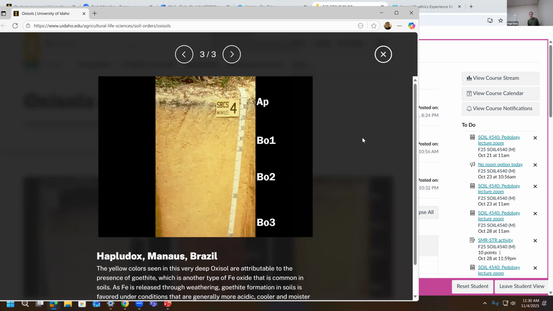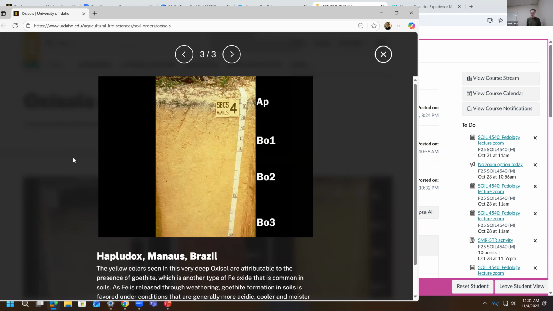Another example here with a different iron oxide called goethite rather than the hematite gives it this yellow color. Usually when we see these big differences in mineralogy and color, we would say it's a much different parent material. This is clearly formed out of a different rock type or something. But really, these two could have started with very similar parent materials, and this iron oxide formation is really a factor of the environment.